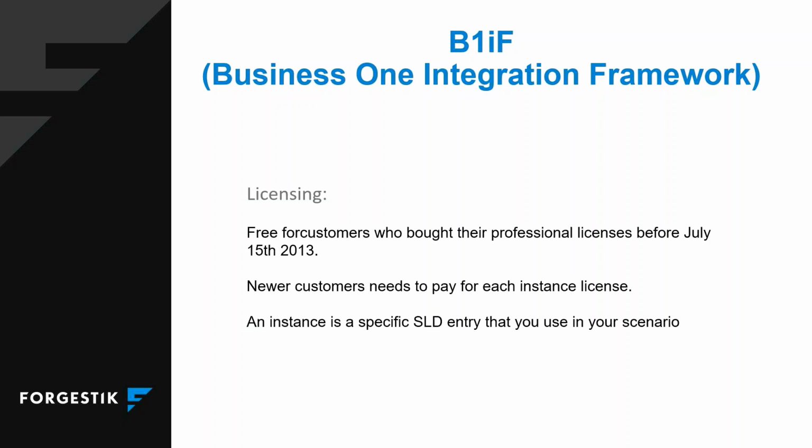Otherwise, for each instance that you take, and an instance is usually a channel, like if you talk to one SAP company, it's one channel. If you use the website channel, it's a channel as well. So for each of those, it costs about 11.25, I think. Yeah, it's 11.25, but it's free for someone who had SAP before July 15th, 2013.